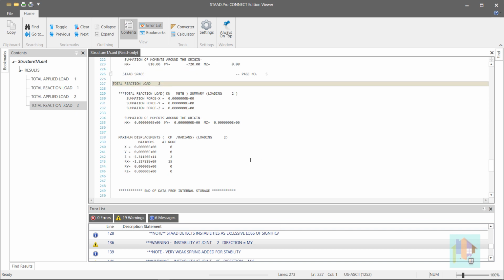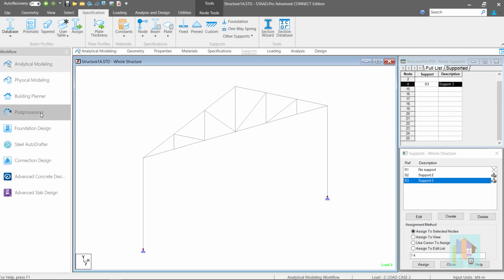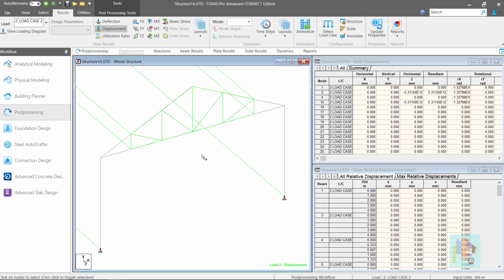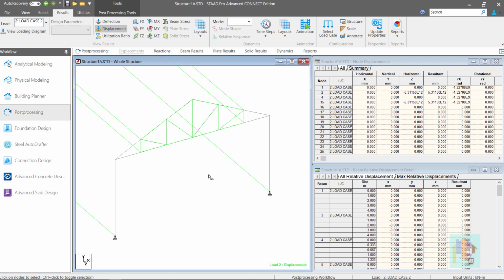Check the displacement value for load case 2. It is in terms of 10 to the power 11, several kilometers of deflection. We can check the deflection diagram from post-processing mode. For load case 2, the deflected structure completely disappears from the screen, which is very normal with 1000 km of displacement in the z direction.